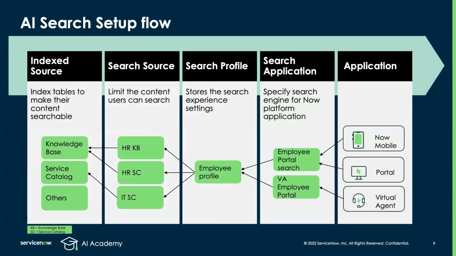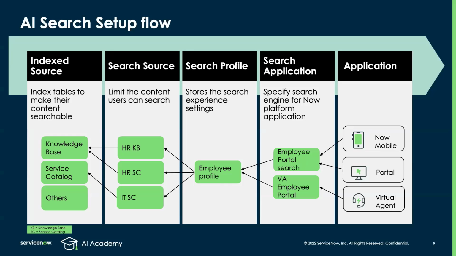But first, a quick reminder of what was done in the previous session. In the previous session, getting started with AI search, we showed how to set up AI search. We showed how to make a table searchable by indexing its content, with the indexed source, and then how to filter that content in the search source.